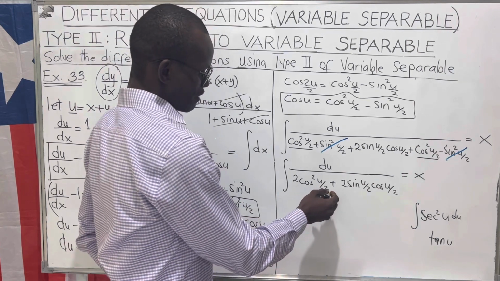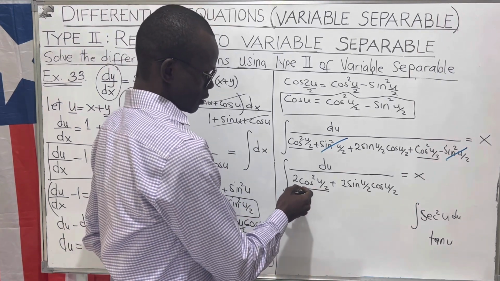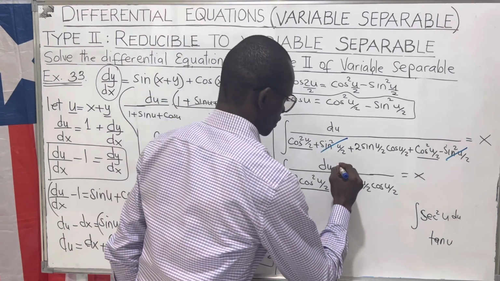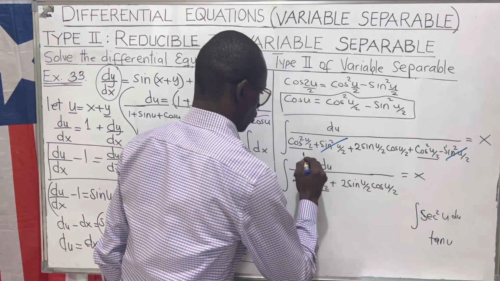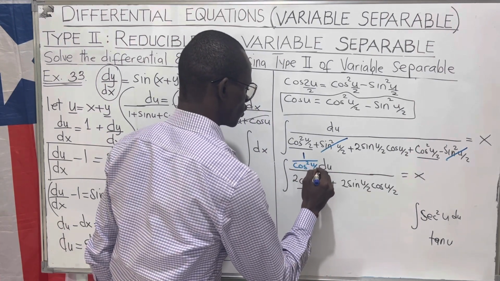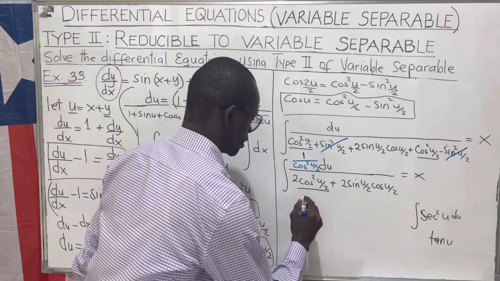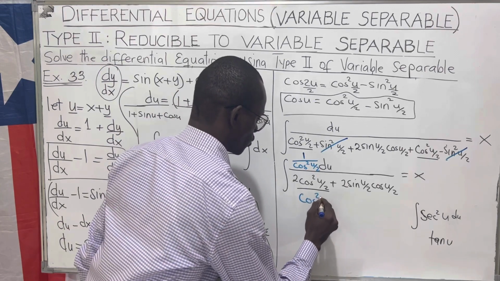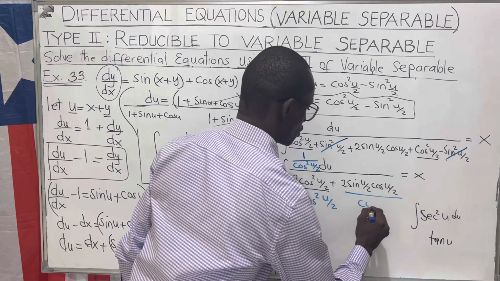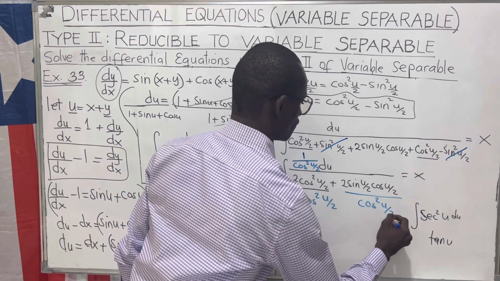Now, if we divide every term here, we say 1 all over cos square u over 2, and then down here we say cos square u over 2. This side we say cos square u over 2.